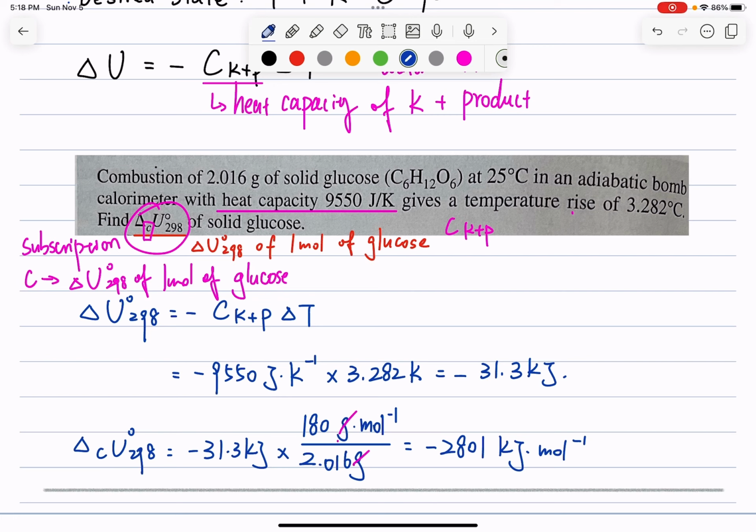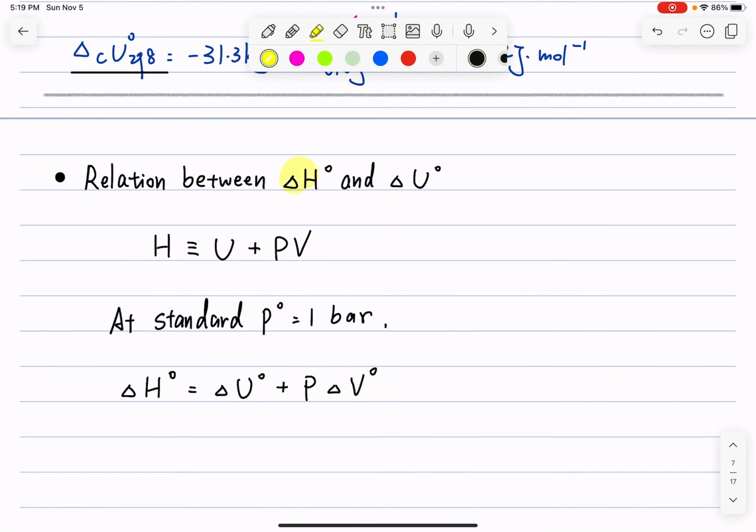All right, so what we just did here is use the setup of the calorimeter to calculate the internal energy change for a given amount of reaction taking place in that calorimeter. But that's the delta U, right? What we want is delta H, or the enthalpy of the reaction.